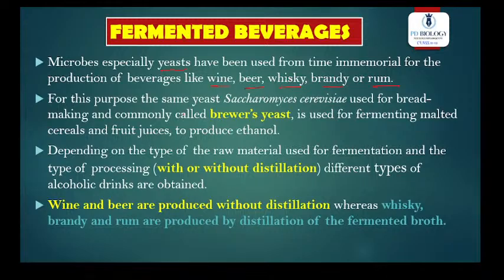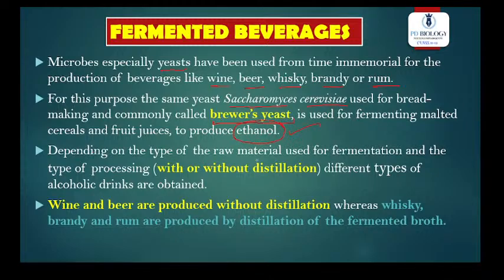For this purpose, Saccharomyces cerevisiae, the same yeast used for bread making, commonly called brewer's yeast, is used. So baker's yeast and brewer's yeast are used for fermenting malted cereals and fruit juices to produce ethanol. Very important.